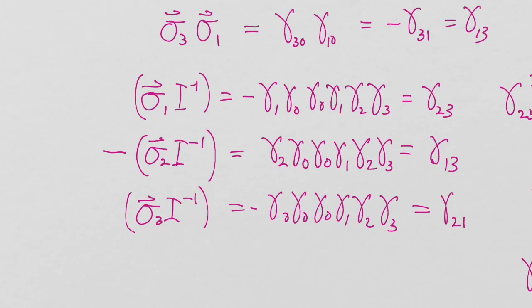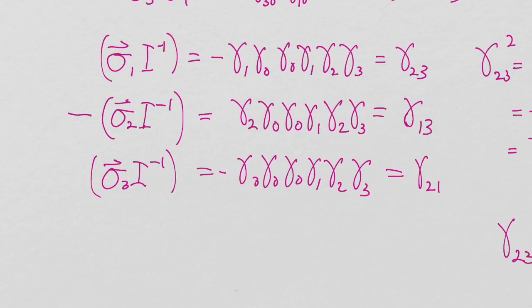And so what are? Well, it turns out these three things are, right? The dual of sigma 1 with a minus sign, because remember, I inverse is minus I. So the opposite of the dual of sigma 1 is going to be related to i.